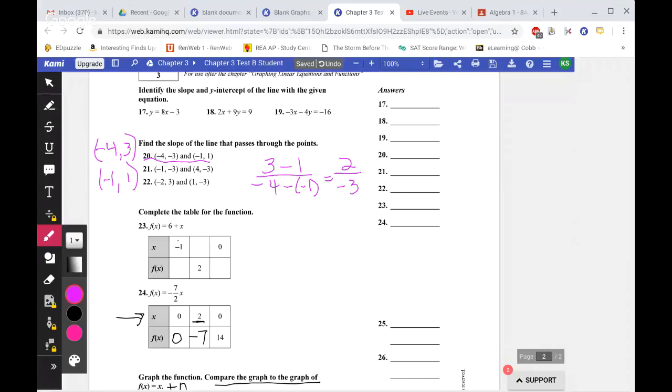How would you label the numbers again? Did you get something different? Yes, ma'am. I got 4 over. Oh, you know what? I didn't make this a negative.